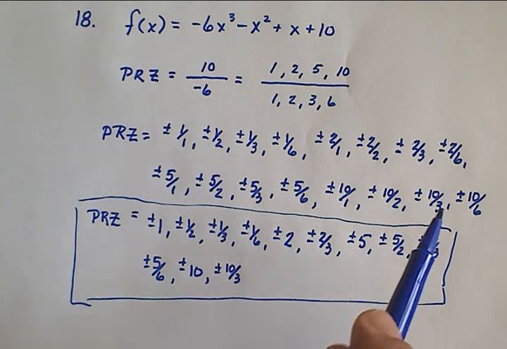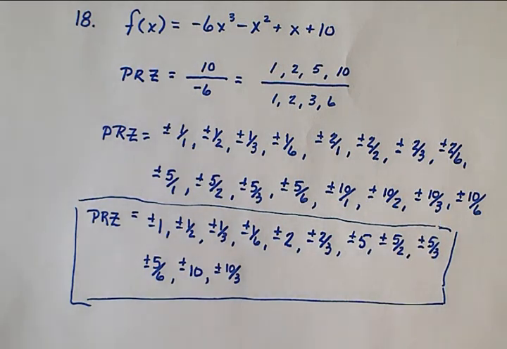Okay, but that's how you find the list of possible rational zeros. You're going to do the same thing on number 17. In the last group of problems, the directions are different, but the process is the same. Whether they call them solutions or whether they call them zeros, you're still finding the same thing. So, here's what I got.